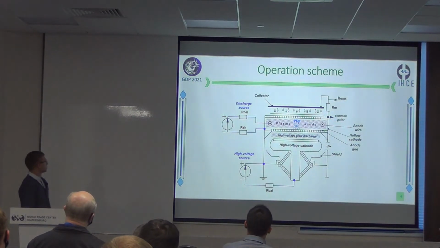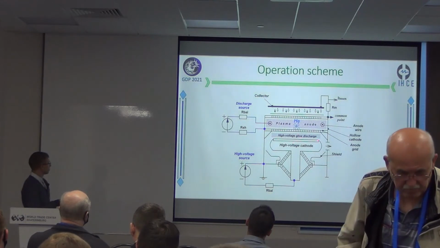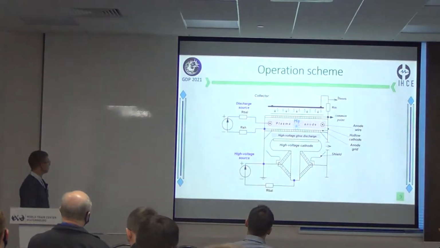The accelerator has two main parts: the part in which auxiliary discharge is generated for creation of plasma anode, and the part that is responsible for combustion of non-self-sustained high voltage glow discharge.